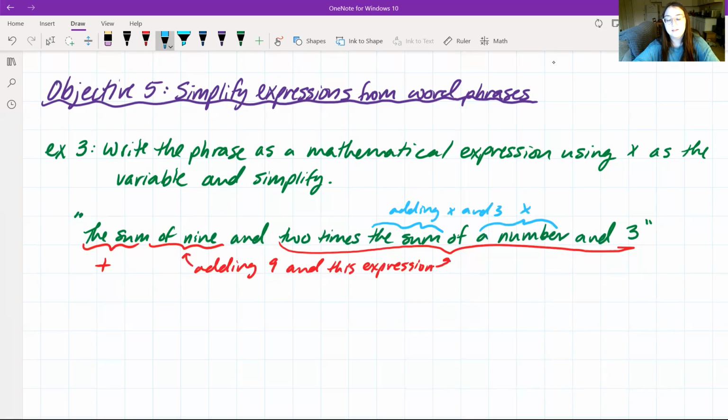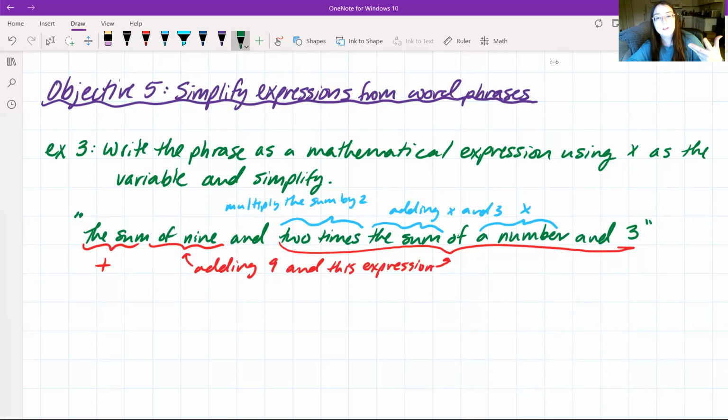But we also have 2 times this sum. So we want to multiply the sum by 2.